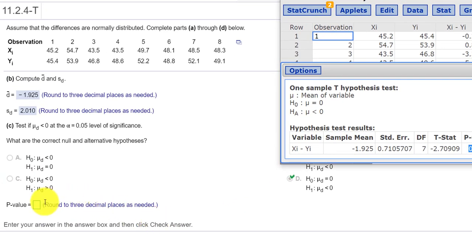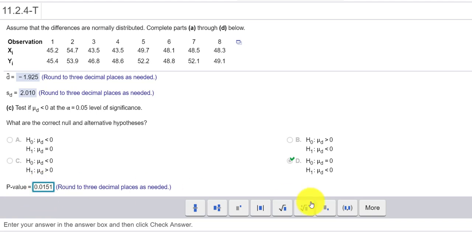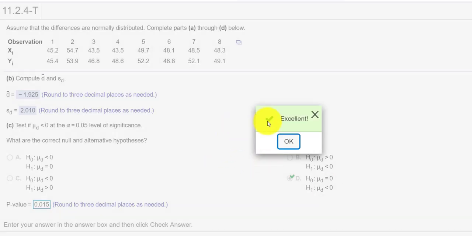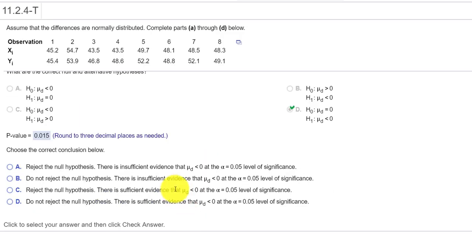And it says round to 3 decimal places. So let's see, 1, 2, 3. The computer's really picky about rounding, so it's important that you round to the right place. So my p-value is less than the level of significance.